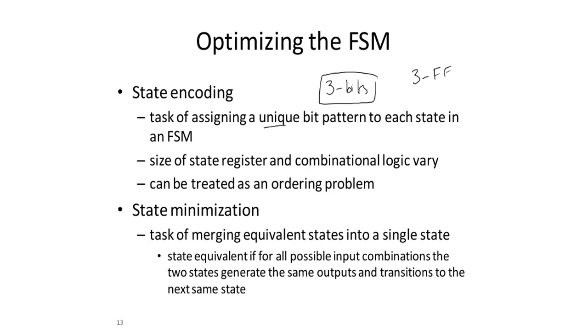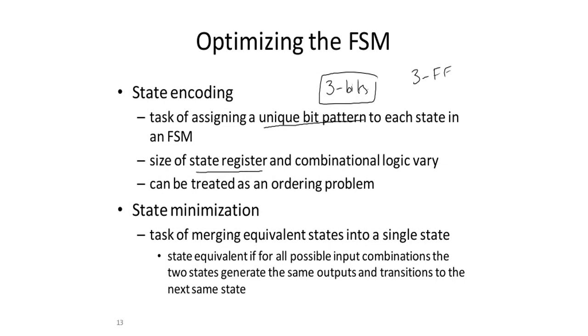Another possibility is you assign a unique bit pattern to each state, which will optimize the finite state machine. Also, if you vary the size depending on the finite state machine, you could again optimize the FSM.